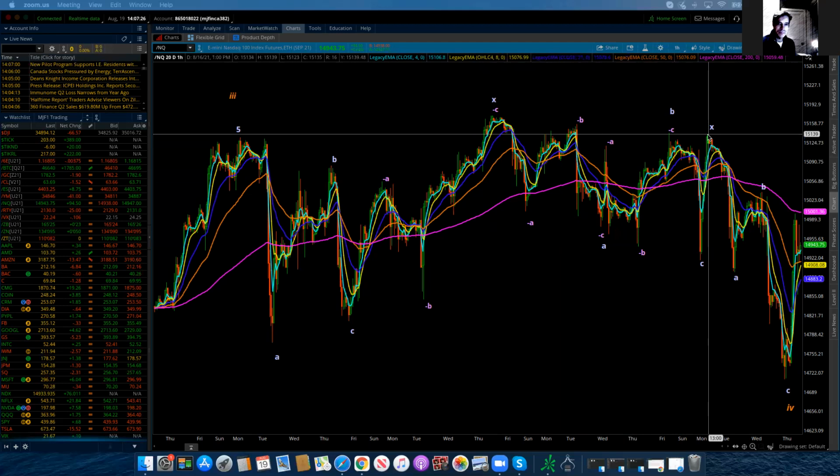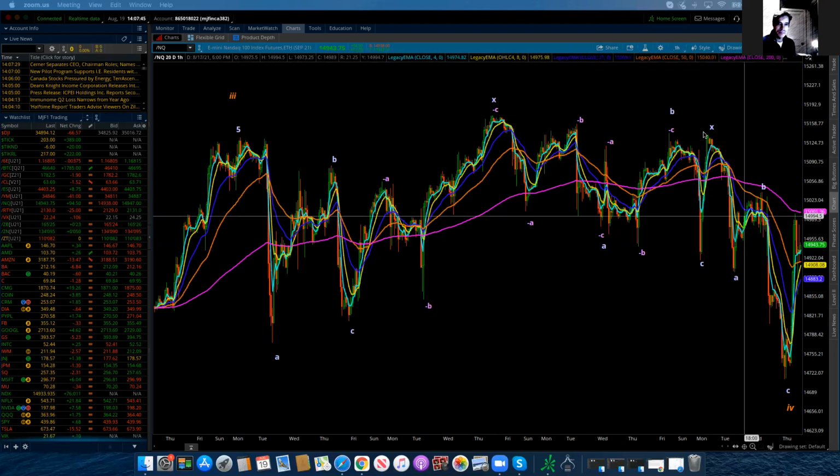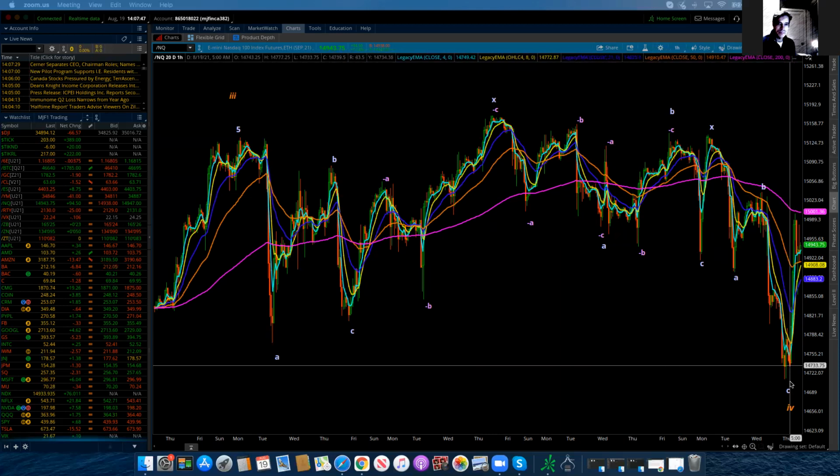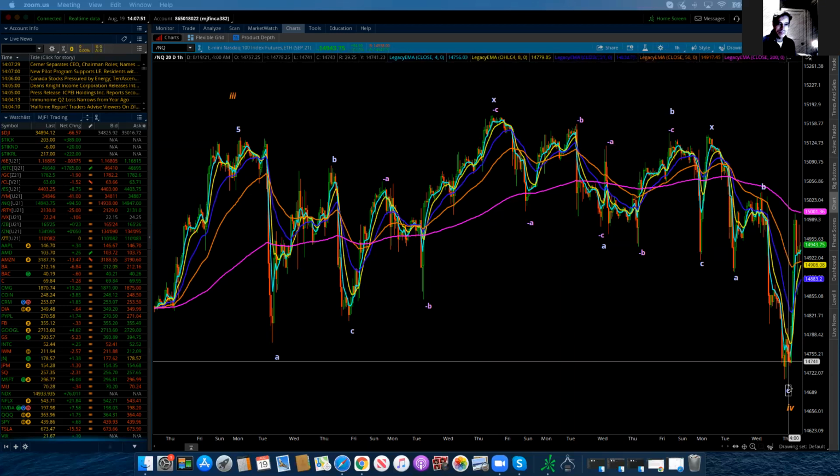Outside of that, the intermediate, the primary, and the cycle level all moved above their 3rd waves. So just on the minor level. And that is all quite acceptable. And what was happening and what did happen after was totally acceptable and remains acceptable.